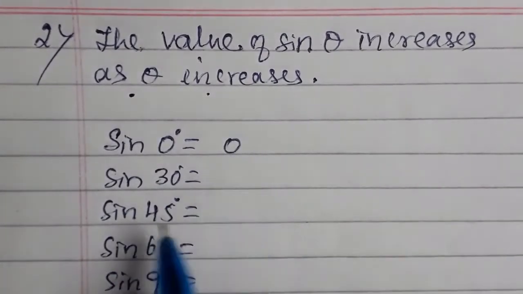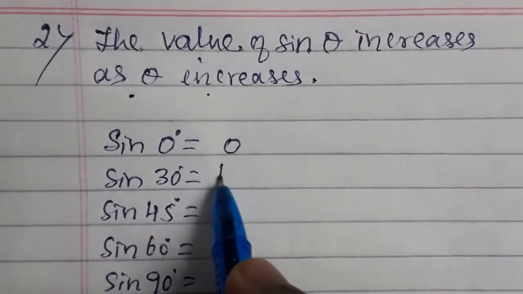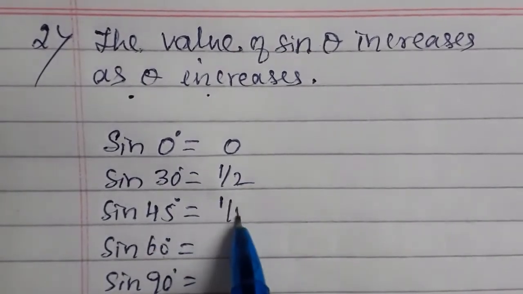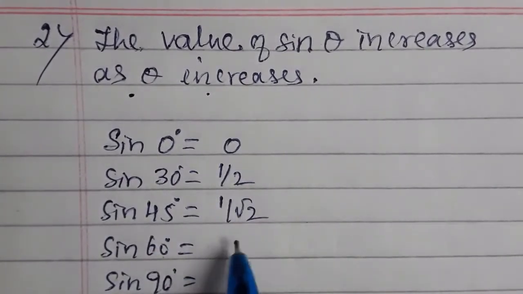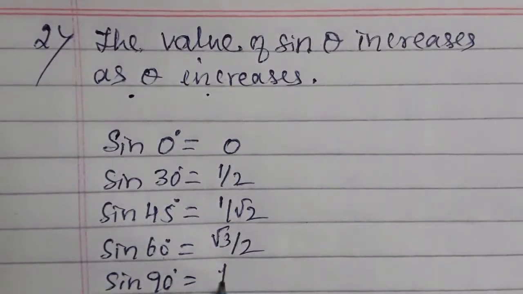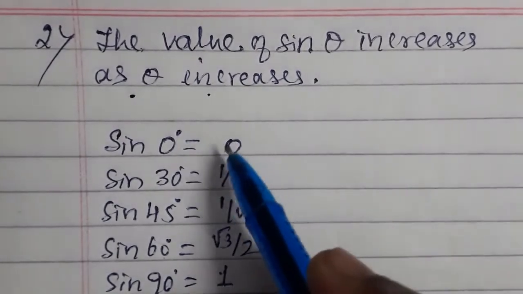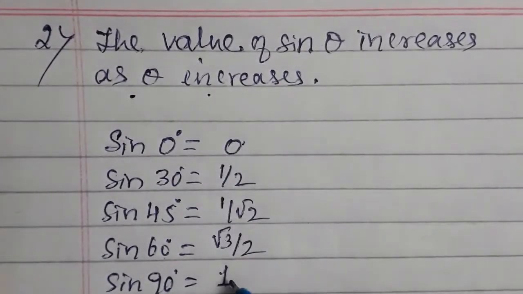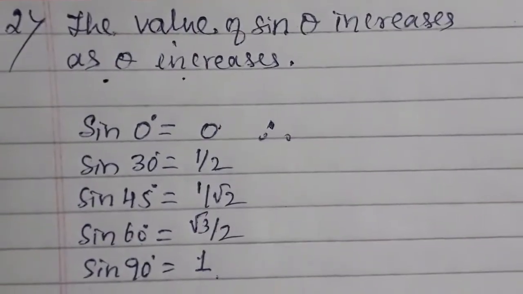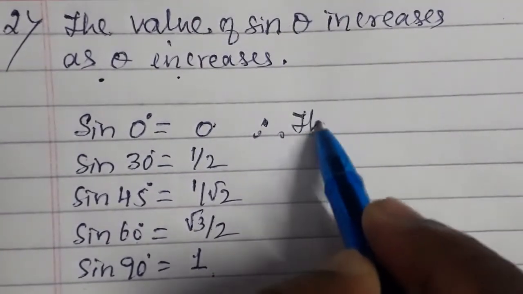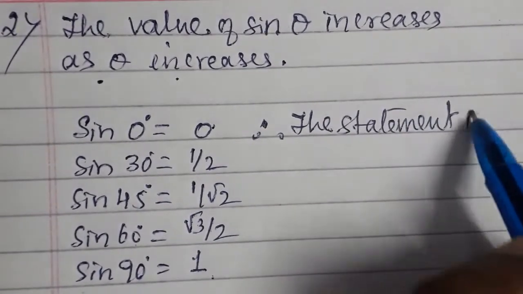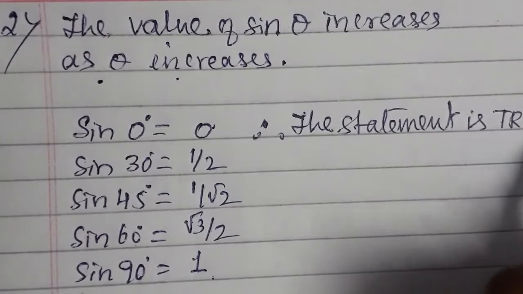Sine 0 value is 0, sine 30 value is 1 by 2, sine 45 value is 1 by root 2, sine 60 value is root 3 by 2, sine 90 value is 1. So from 0 to 1 it is increasing. Therefore the statement is true.